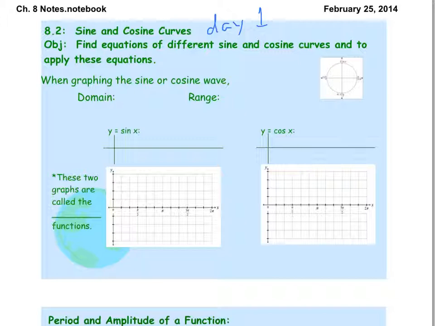For the sine and cosine graphs, all right, we saw in chapter 7 that with the unit circle, every angle that we could think of with the help of the unit circle has a sine and a cosine value.